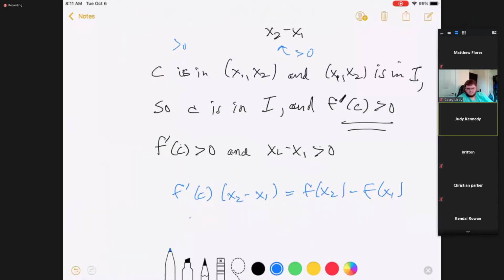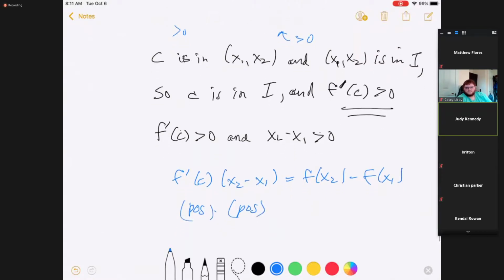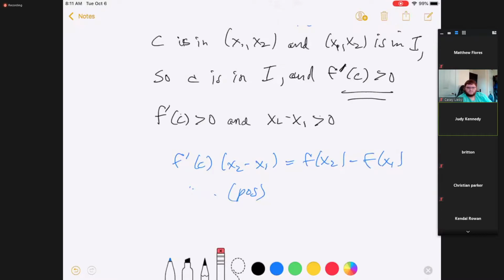Well, this is positive, this is positive, positive times positive is positive. So f prime of c times x2 minus x1 is positive. And if the left-hand side of the equation is positive, the right-hand side has to be too, because they are equal.